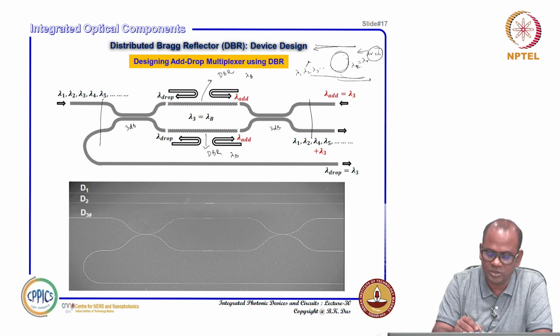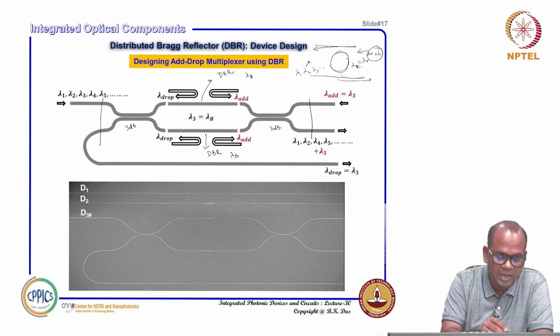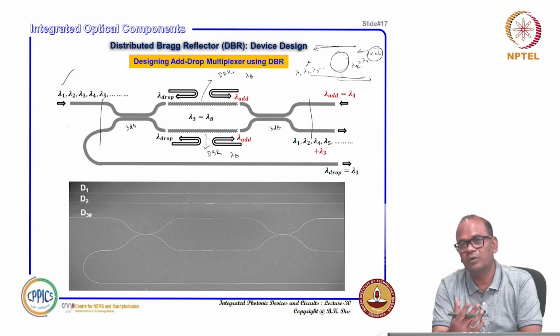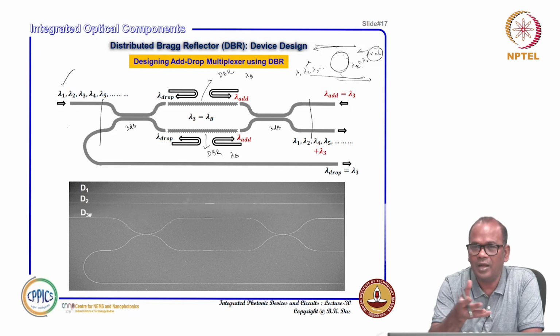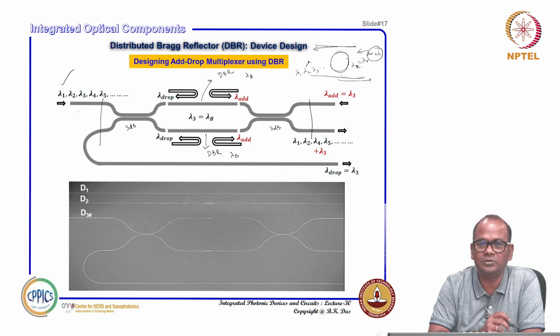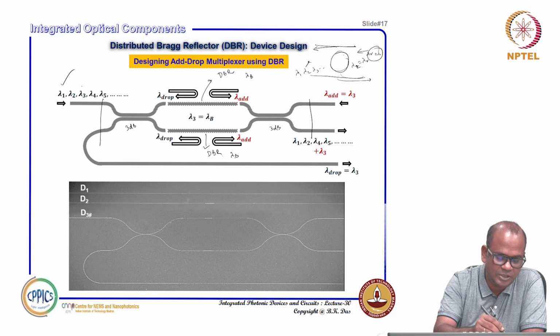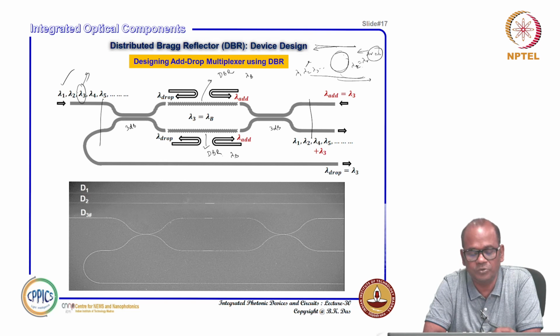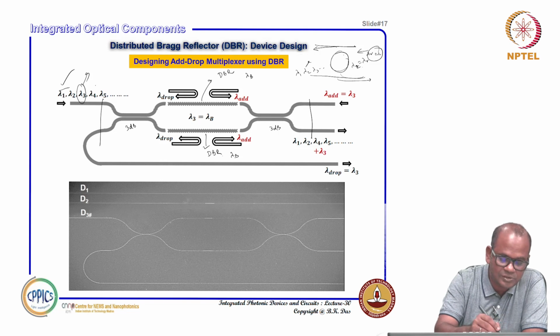If you forget about this DBR structure, any series of channels, for example your channel carriers lambda 1, lambda 2, lambda 3, lambda 4, lambda 5, maybe multiple channels are coming, each of them having information and destined for different locations. You want a particular channel, for example lambda 3, to drop, to take without disturbing other channels.